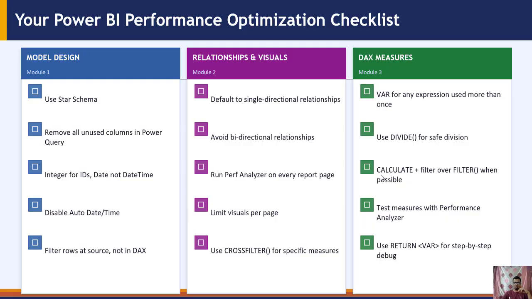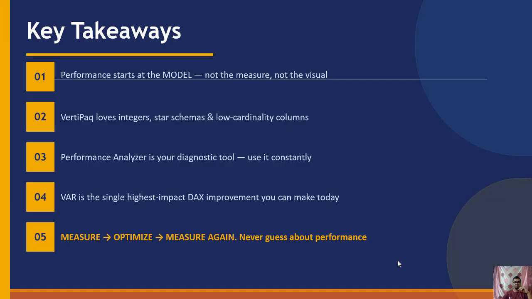In that case we should use CALCULATE with an implicit filter if possible. We also need to test measures with Performance Analyzer for DAX measures, and we can use the RETURN keyword for debugging intermediate results.